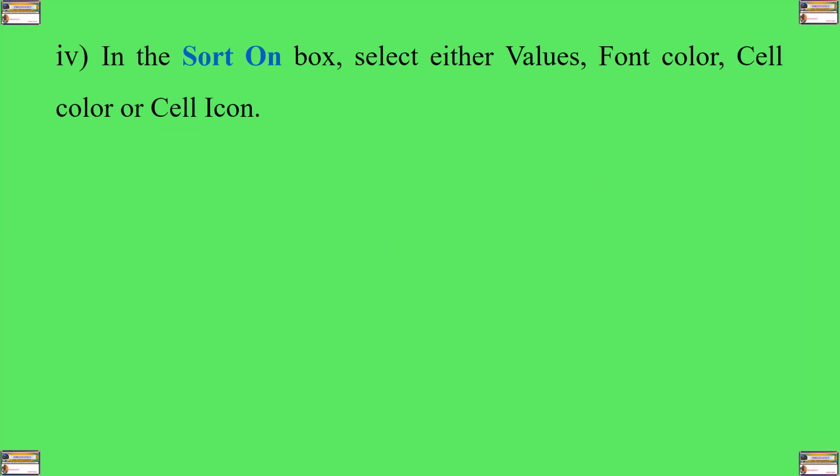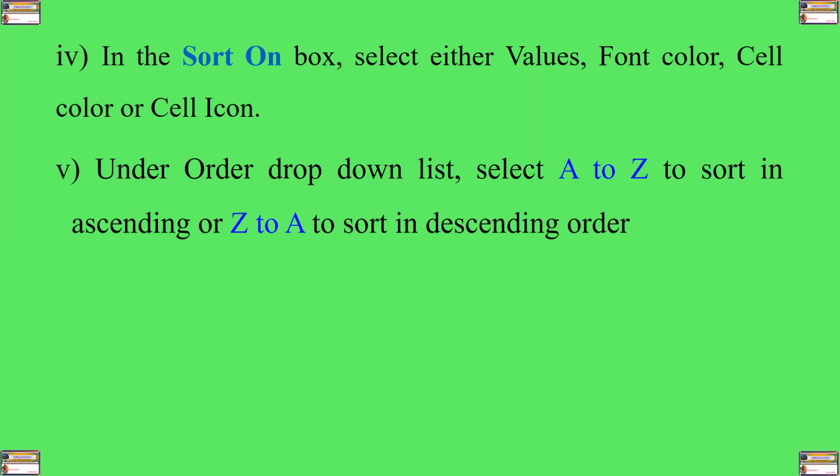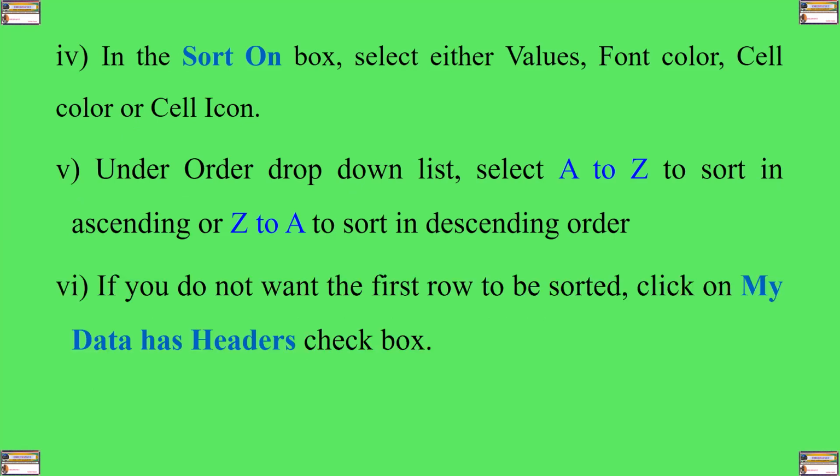In the Sort On box, select either values, font color, cell color, or cell icon. After that, under the Order drop-down list, select A to Z to sort in ascending order, or Z to A to sort in descending order. If you do not want the first row to be sorted, you click on the My Data Has Headers checkbox. Lastly, you click on OK.